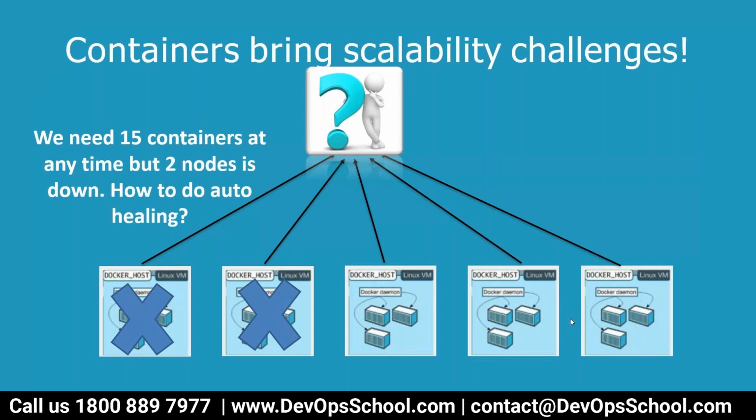Who will do the auto healing capabilities? We need 15 containers at any time, but 2 nodes are down. How to do auto healing? Do you have any capabilities? This kind of challenge you will have once you introduce container technology in production, and that is where we need some solutions.